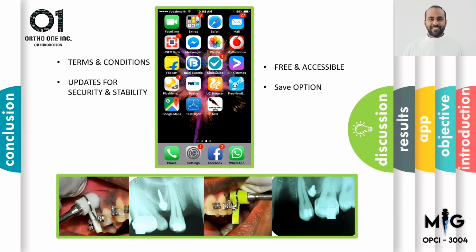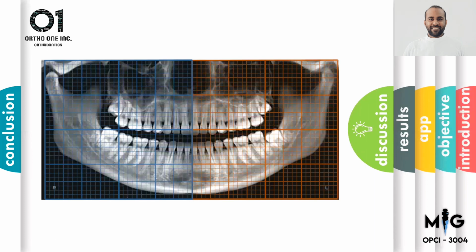This app is now in the beta testing stage for iOS, for Apple devices, and in a short time we will be launching it for iOS devices as well. In future versions, I would like to add the option to upload a digital radiograph into the app.